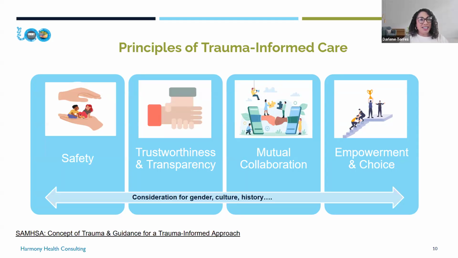And while that may feel like you're lengthening the time of a visit, it's going to be very crucial to really all of this, that safety, establishing trust, and then again with mutual collaboration, giving them the choices, making sure that they feel supported, and also that we're understanding what their support system looks like, and maybe if needed, asking them to also be a part of this process.